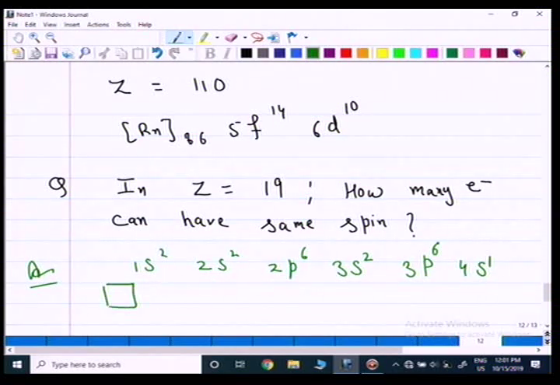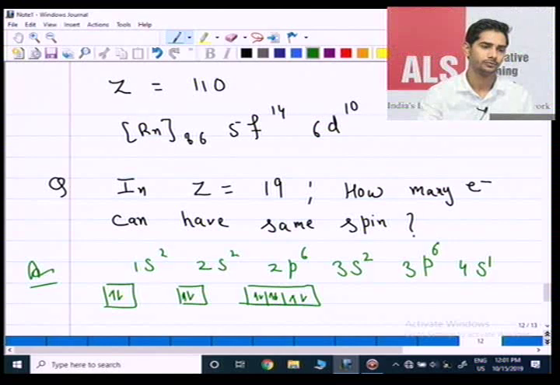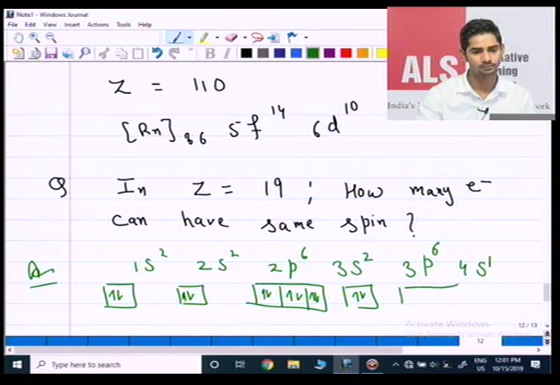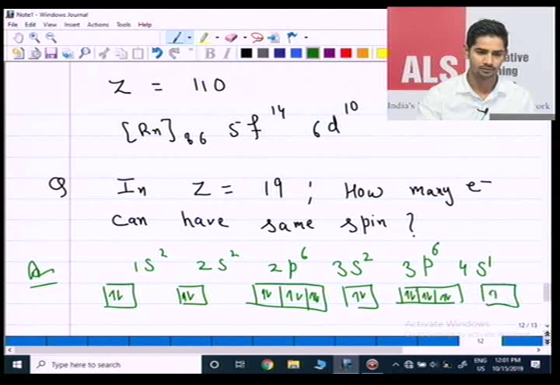So take a look. 1, 2, 1, 2, 1, 2, 1, 2, 1, 2, 1, 2. Let me make it a little bit clear.